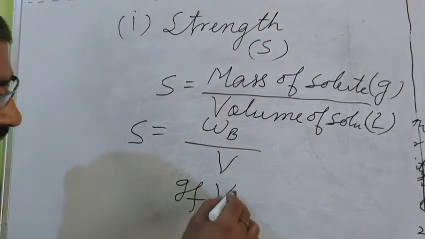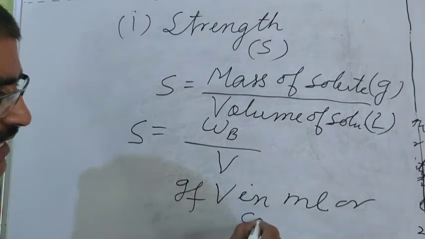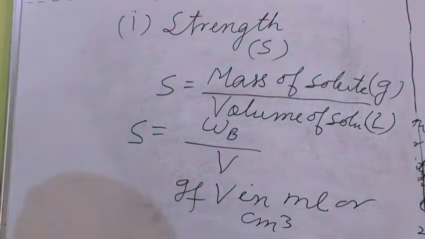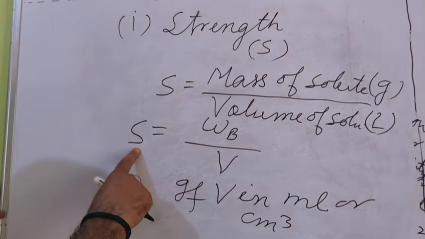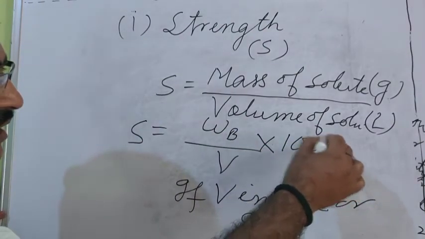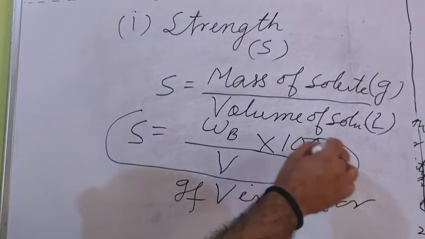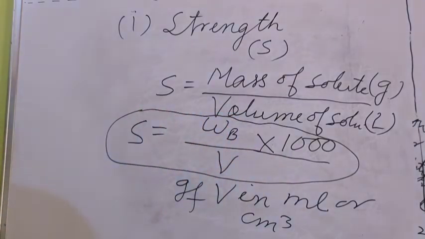If V is in milliliter or centimeter cube, then strength equals WB into 1000 upon V. So generally the unit that is used is gram per liter. So the first is the strength.